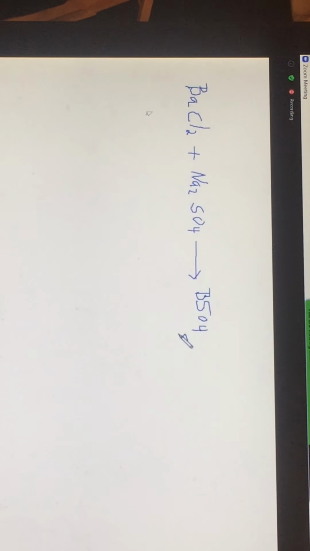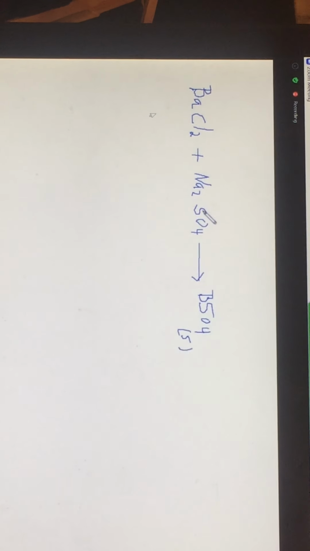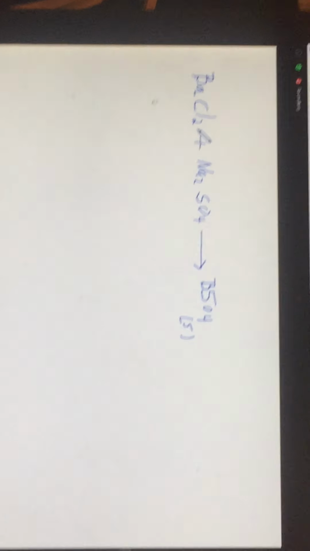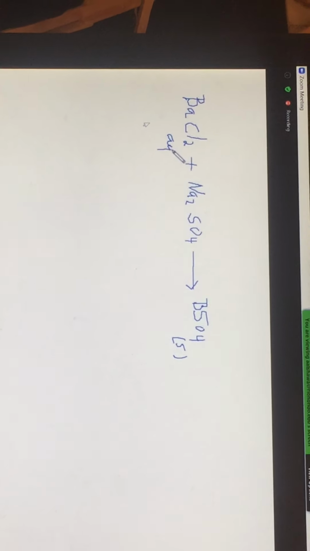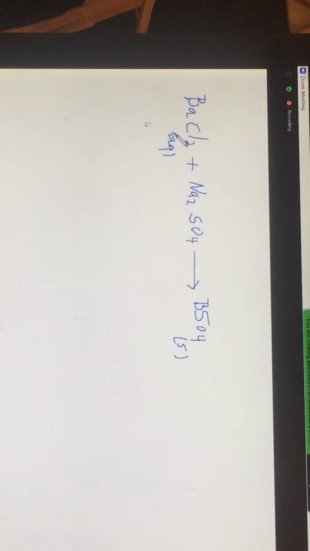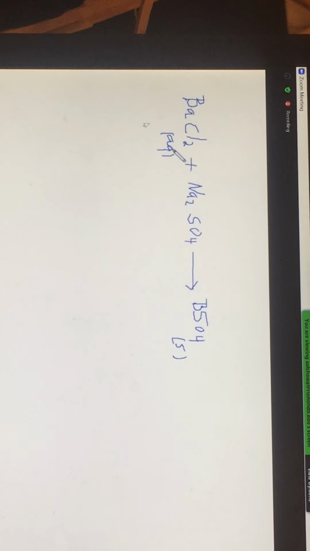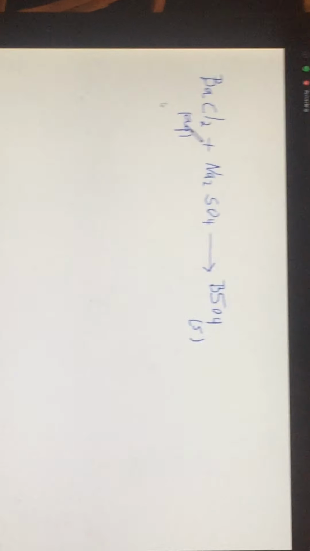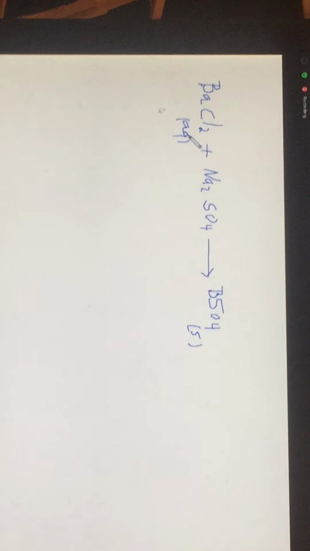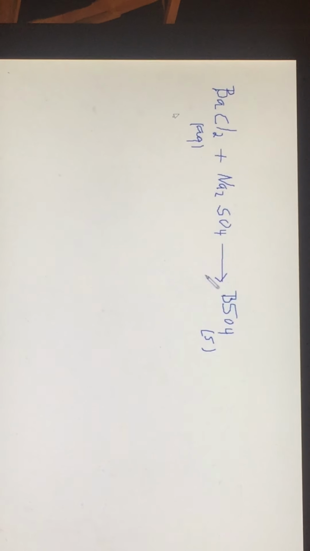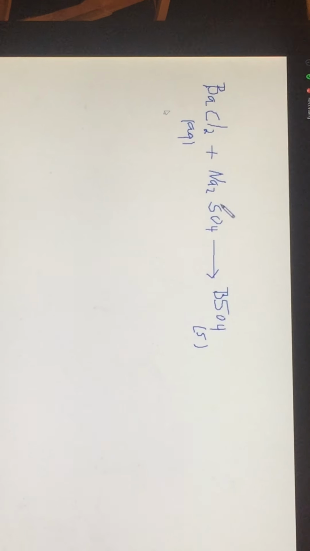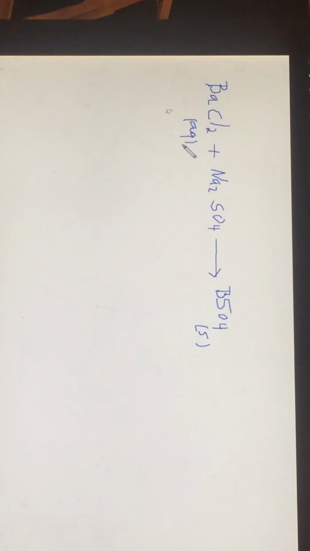So this is solid. So when I start worrying about the subscript, barium chloride is a clear solution, no color, transparent. Transparent basically means you can shine light and see the light going through. Sodium sulfate is the same, clear and transparent.